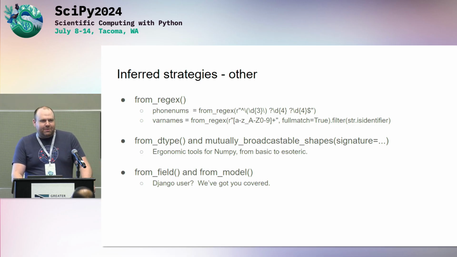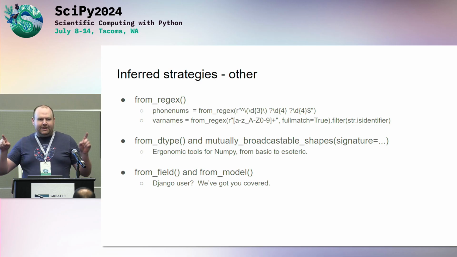Who here uses NumPy? Hypothesis can also generate arbitrary things from a NumPy data type. So if you have an array of whatever, including record arrays, including whatever cursed nested things you have, it all works. We also have a fun trick in the mutually broadcastable shapes.